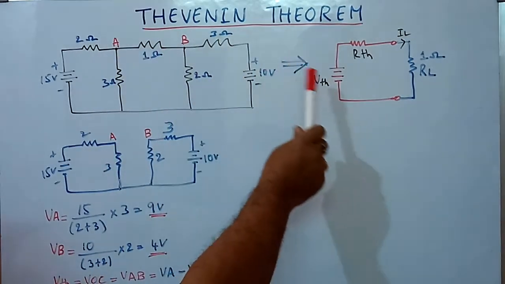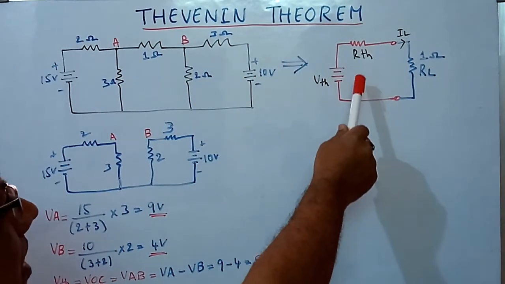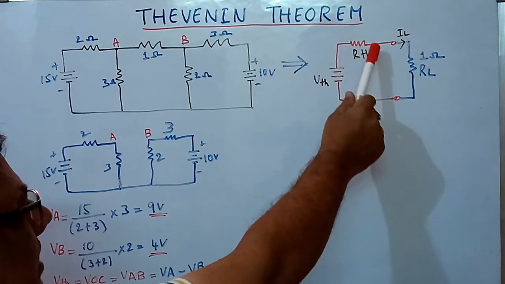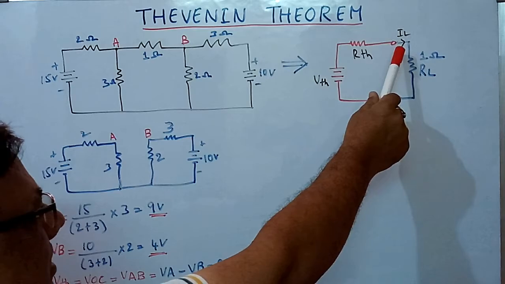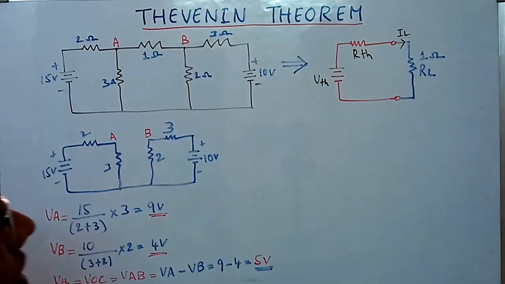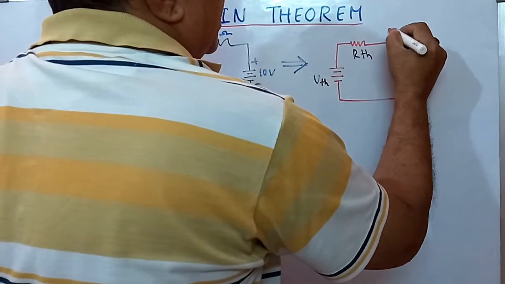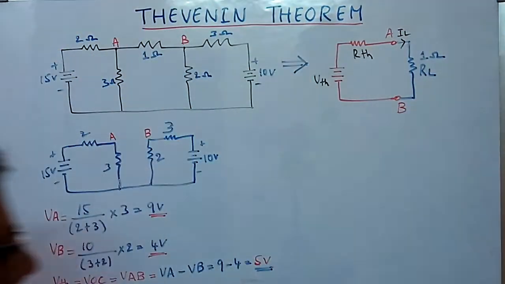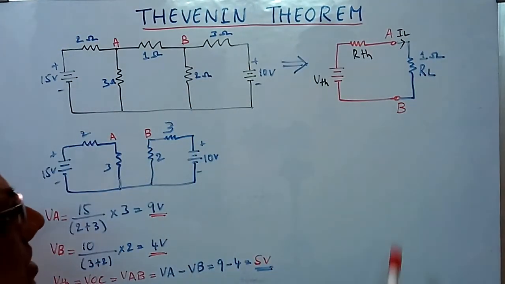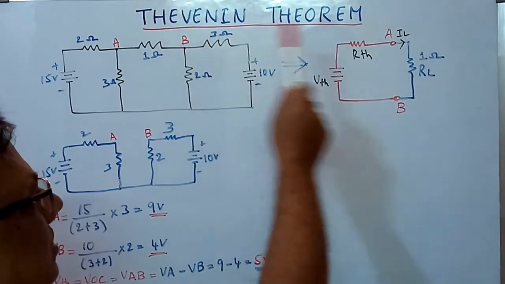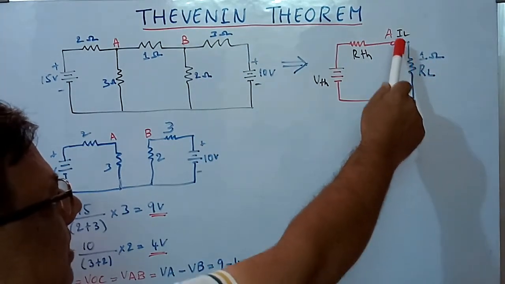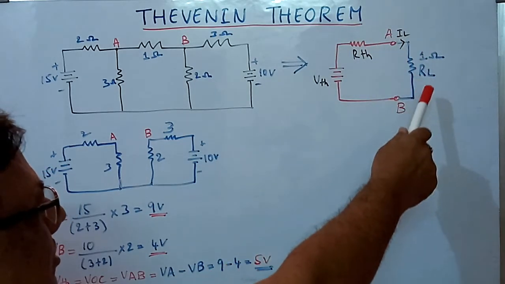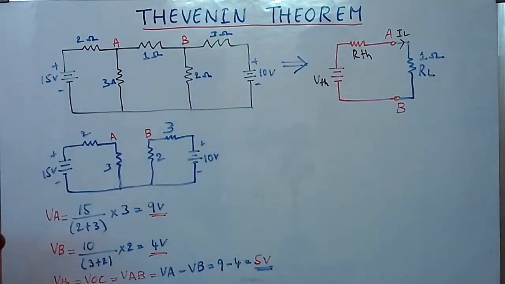The equivalent Thevenin circuit would be a VThevenin voltage source in series with the R Thevenin resistance connected to the terminals A and B. The load resistance 1 ohm is now connected to terminals A and B. This is the equivalent Thevenin's circuit of this network.